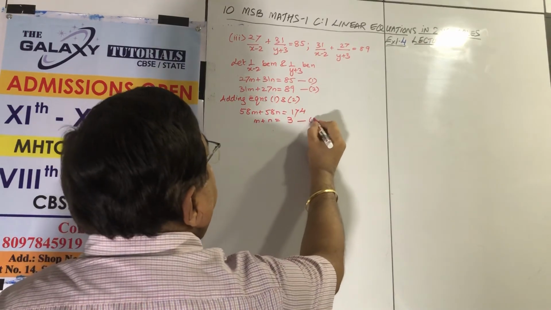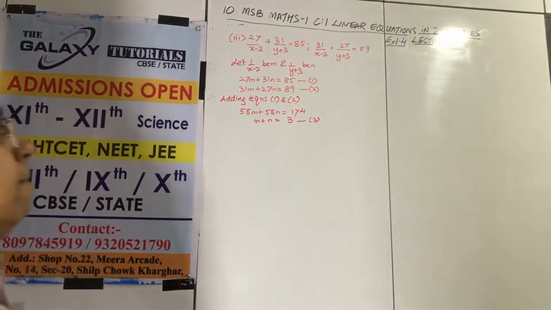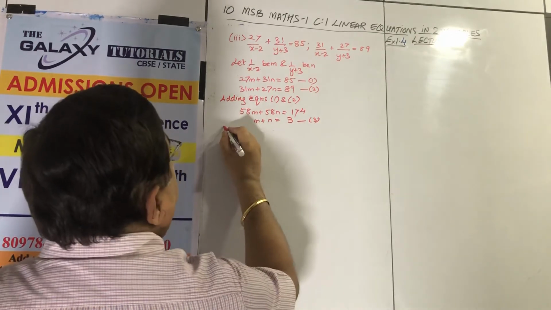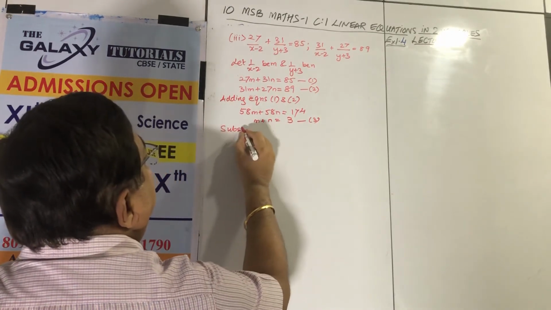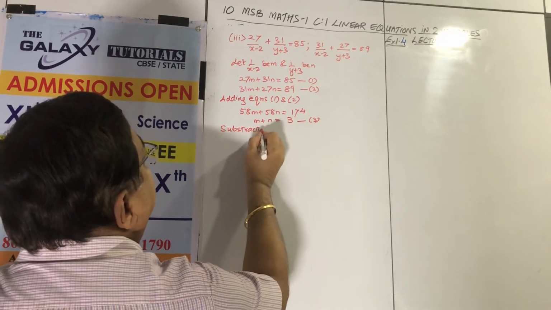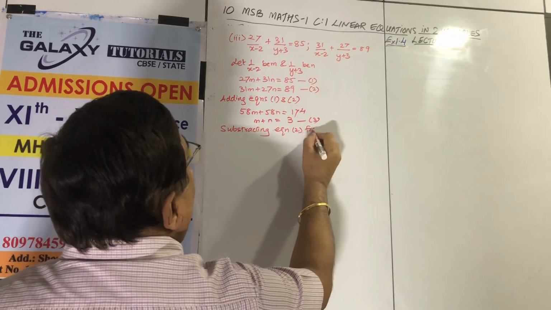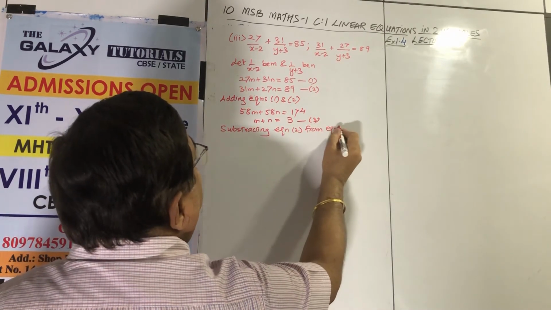So equation number 3. 58 3s are 174. Now subtracting equation 2 from equation 1.